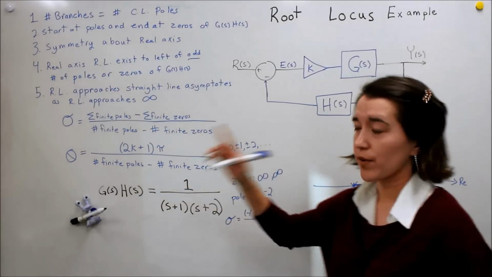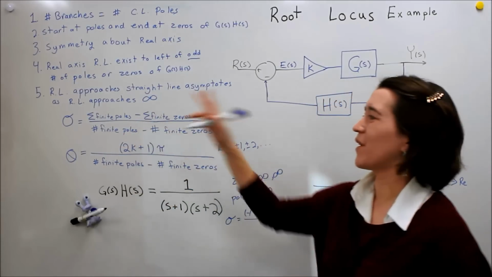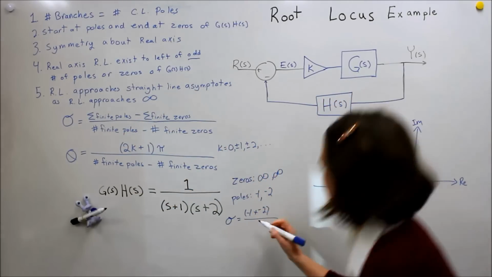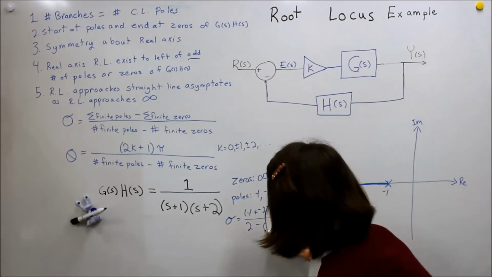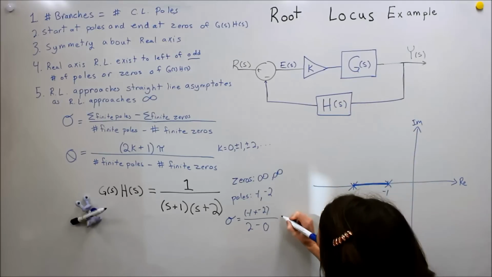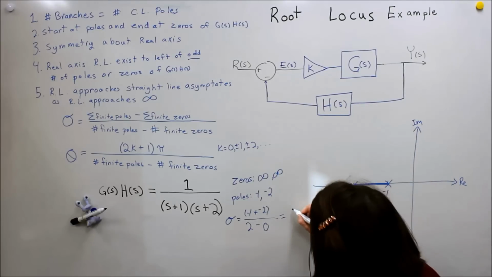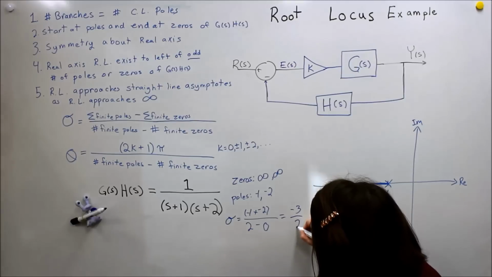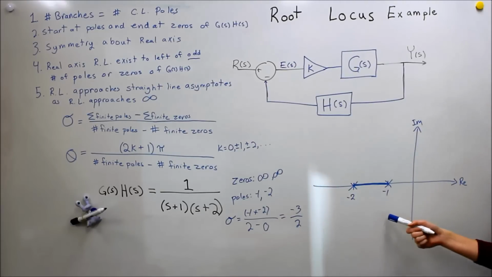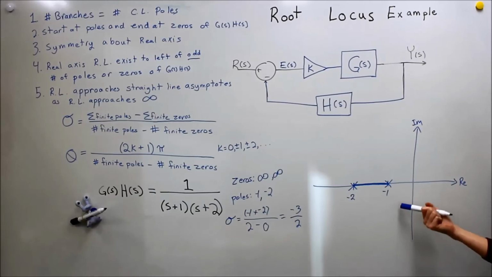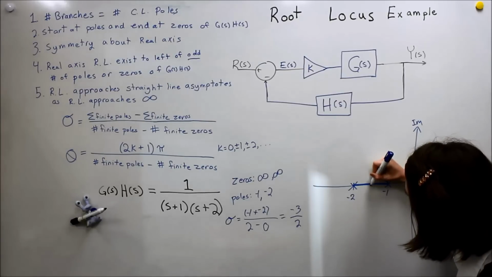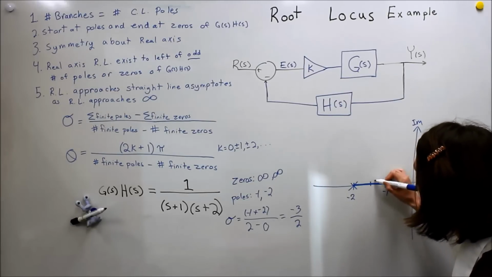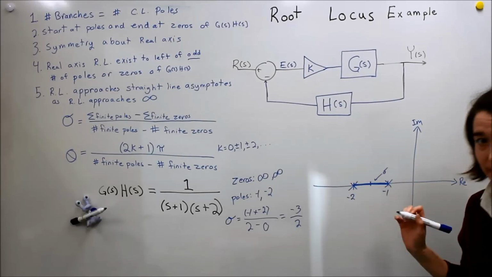The number of finite poles is 2, minus the number of finite zeros, which is 0. So for our final expression we get -3 over 2. If we map that point here, it makes sense, it's -1.5, right in between our 2 poles. So this is our sigma.